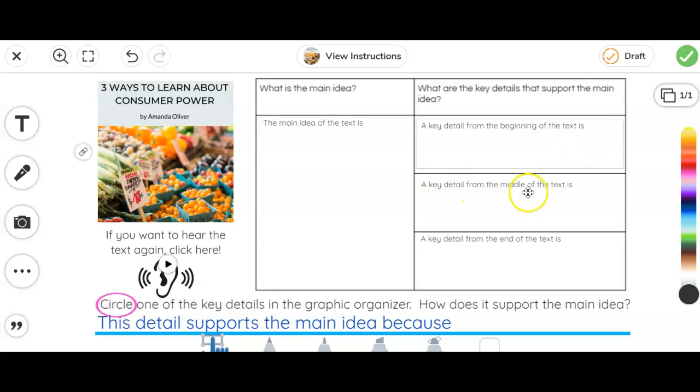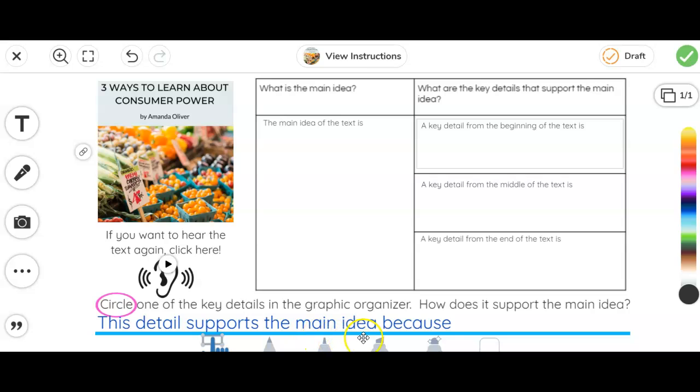A key detail from the middle of the text is, you can click there and keep writing something from your notes there. A key detail from the end of the text is, and you'll write in that detail. Then you get to circle one of those key details from the graphic organizer. So that would be one of these, 1, 2, or 3.